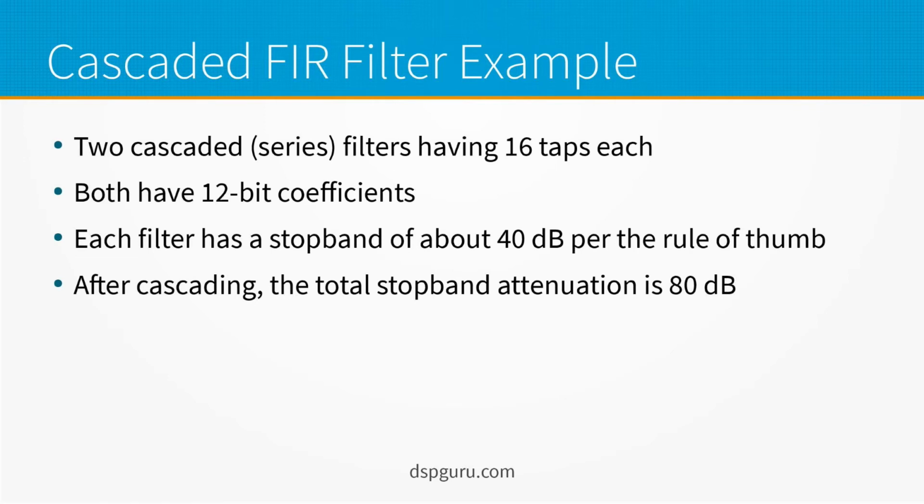Well, with one filter like this, maybe you can't get to this level of -80 that we've been using in our design examples. But what you could do very easily maybe is to have two filters, either identical or else similar, that cascade, and they each give a stop band of about 40 dB, and now you have 80 dB to work with total by two cascaded filters.